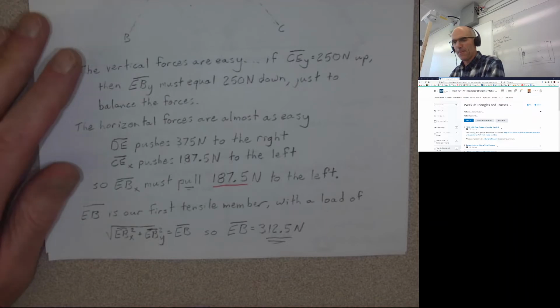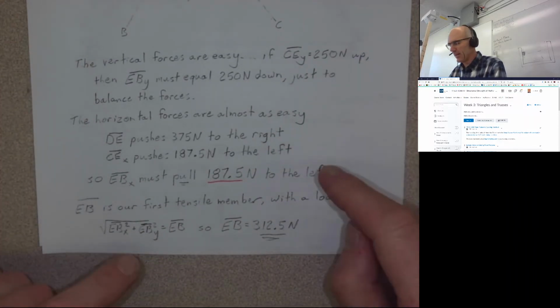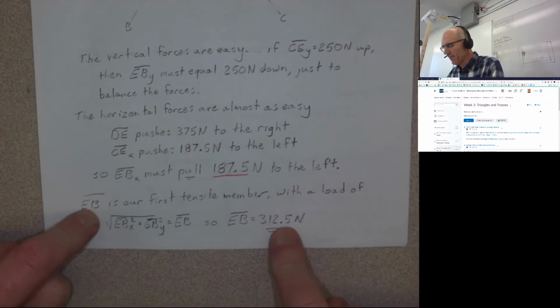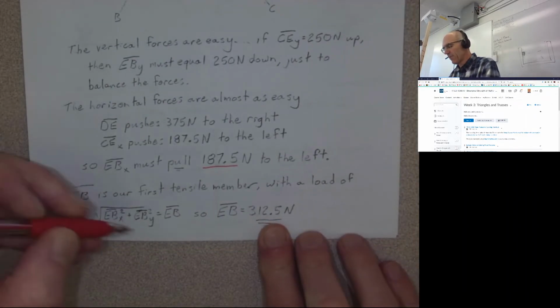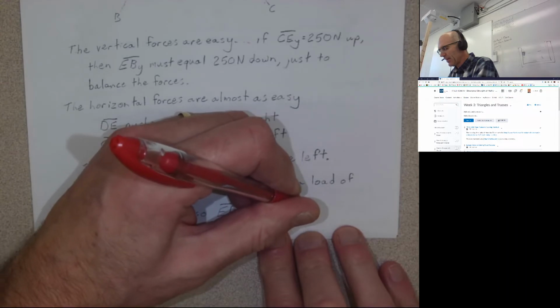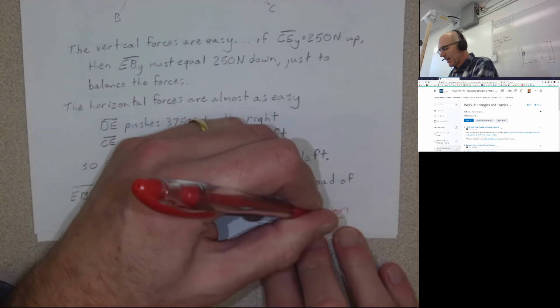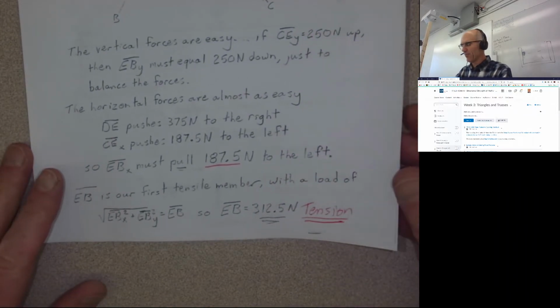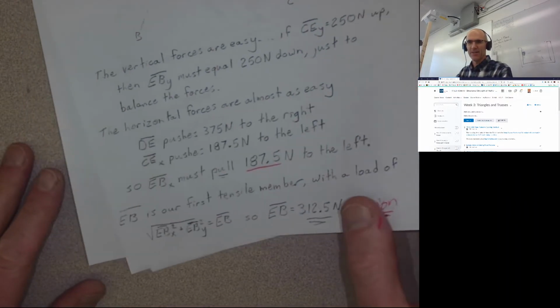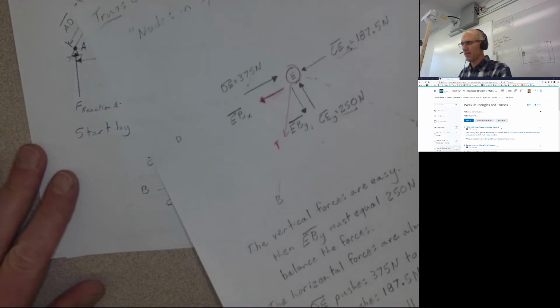Okay, and so now we've calculated member EB, our first tensile member, with a load of 312.5 newtons in tension. Now if that 312.5 number is showing up a lot in here, that is because the structure has equally shaped triangles. A little simplification to keep life a bit easier.